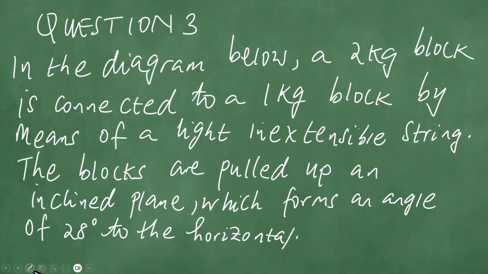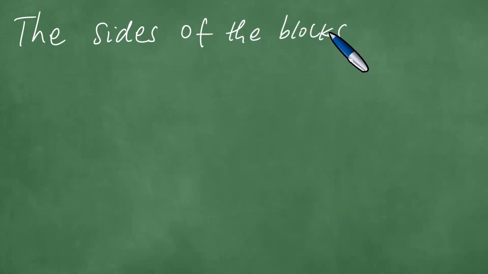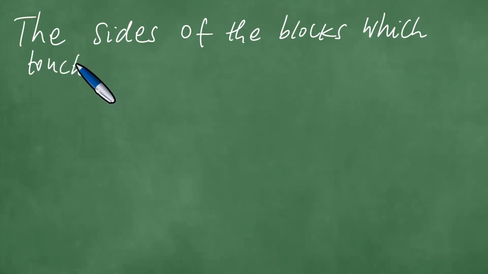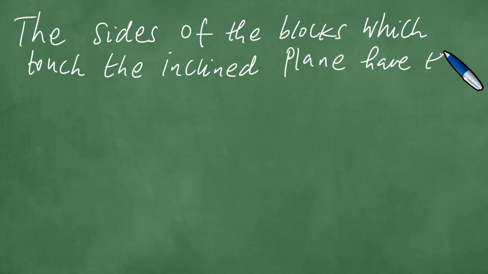The sides of the blocks which touch the inclined plane have the same area.